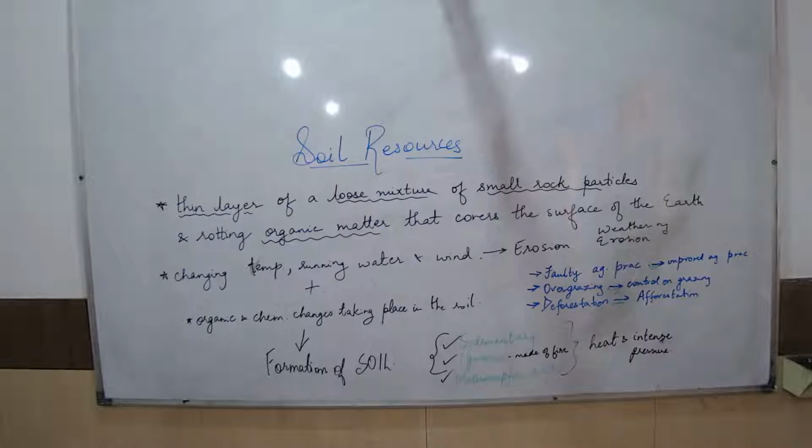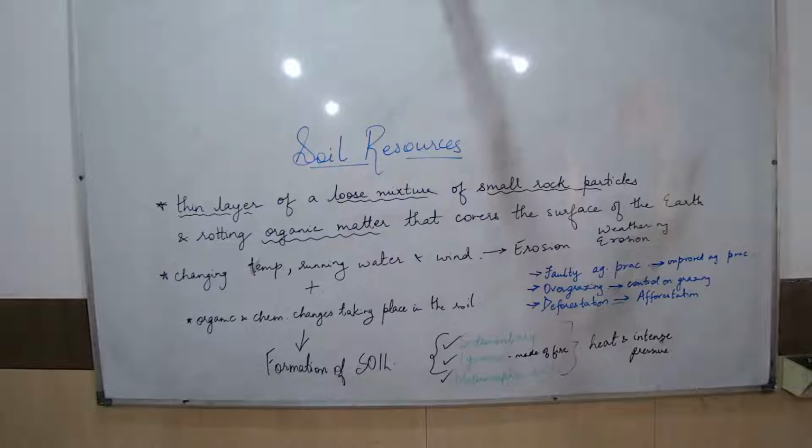Second, it has sufficient depth to enable the plants to grow their roots as per their requirement. Correct? If you just keep 1 inch of soil and you expect the plant to grow, will it be able to grow? It won't, because the roots need something to hold on to. So it needs sufficient depth.